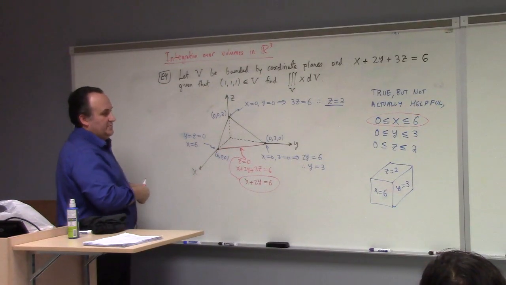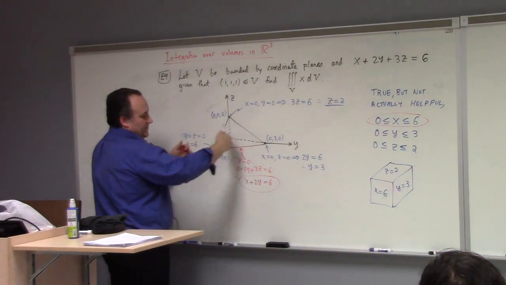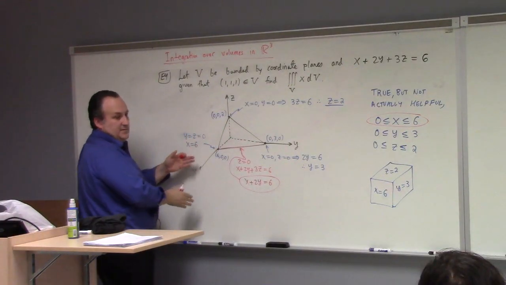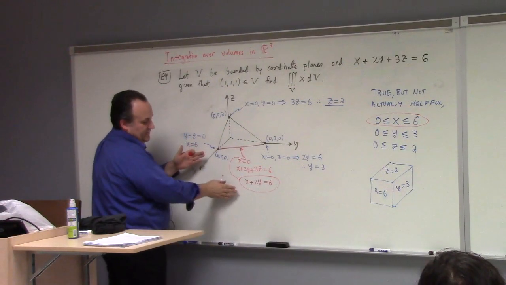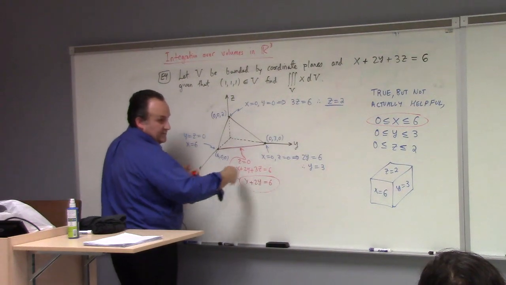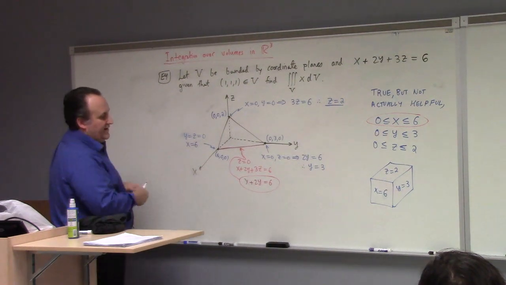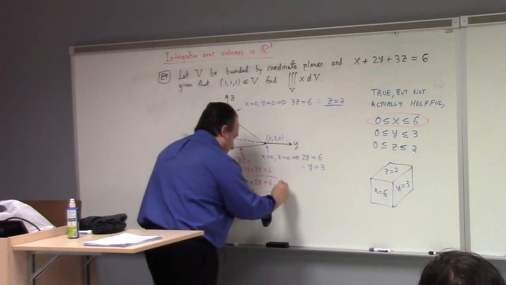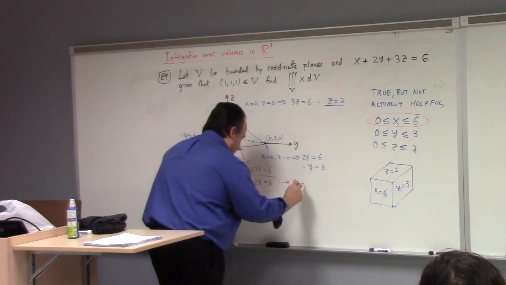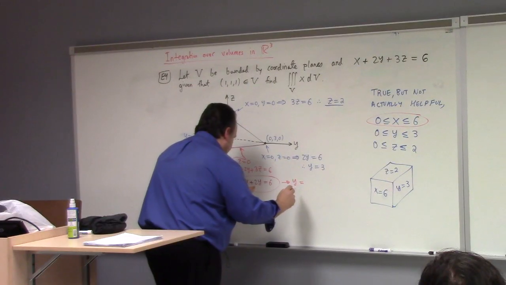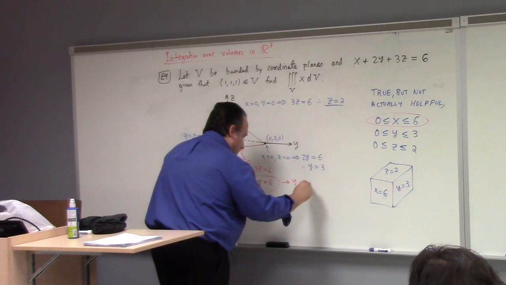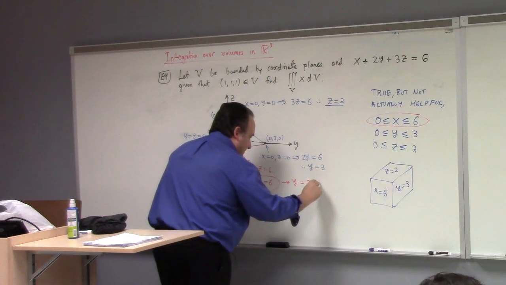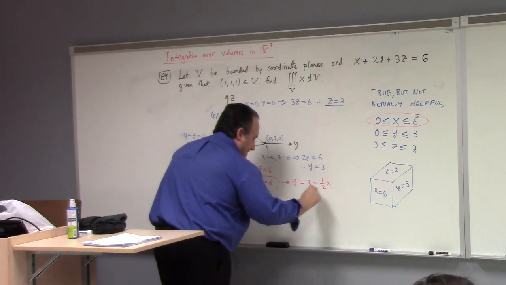So if you start by slicing from 0 to 6, then you slice off from 0 to whatever this is, then you've got a giant triangular prism. So let's make this a little more specific. This is y is equal to 3 minus 1/2 x, right?